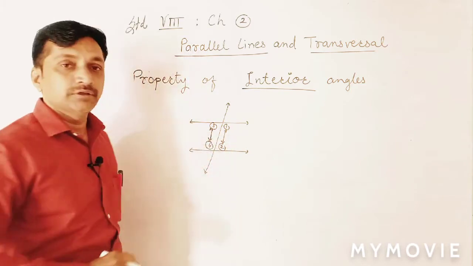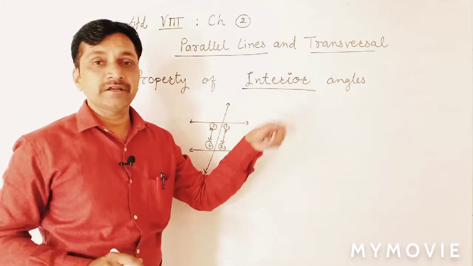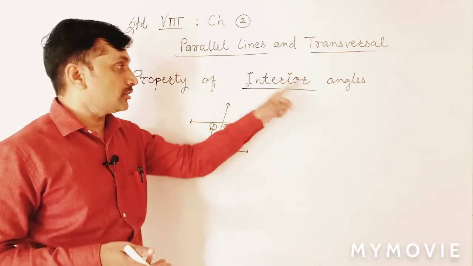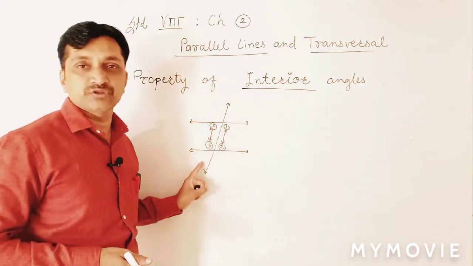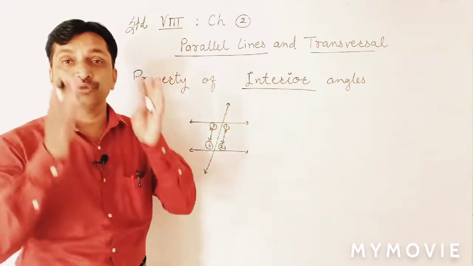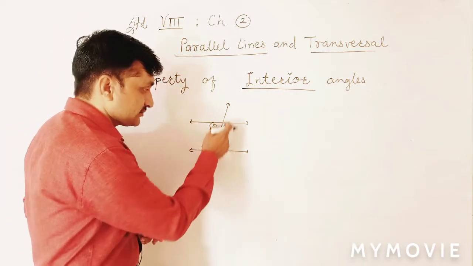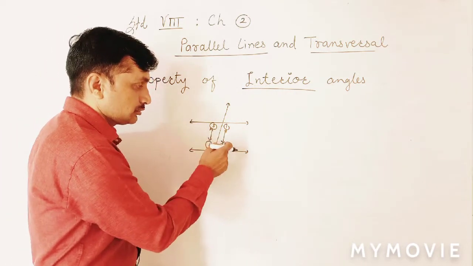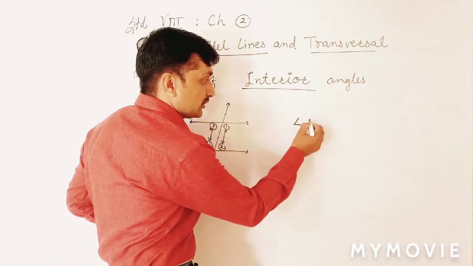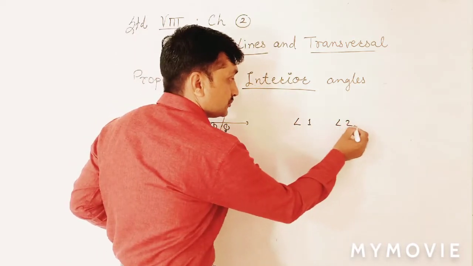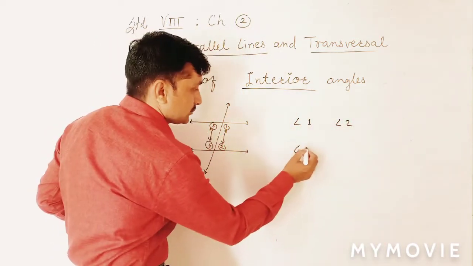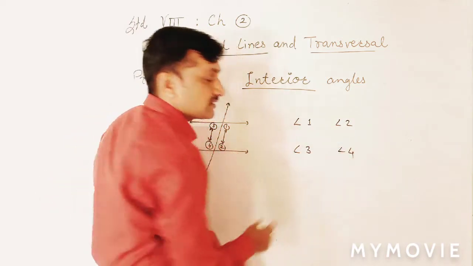What is the difference between interior and interior alternate? Interior alternate angles are on opposite sides of the transversal, and interior angles are on the same side of the transversal. Here angle 1 and angle 2 are interior, and angle 3 and angle 4 are interior.